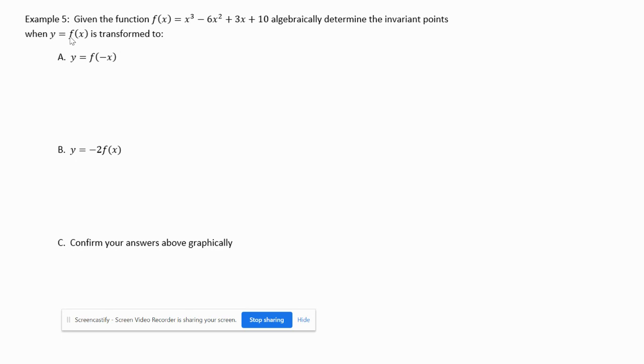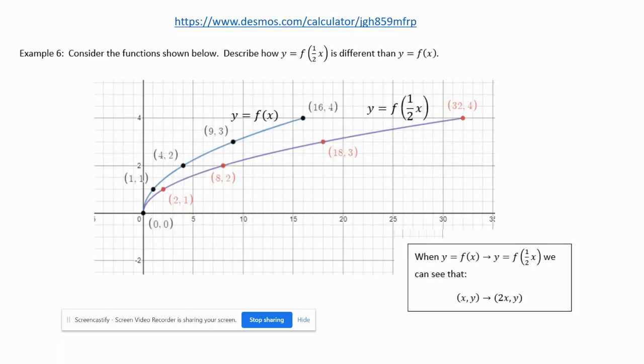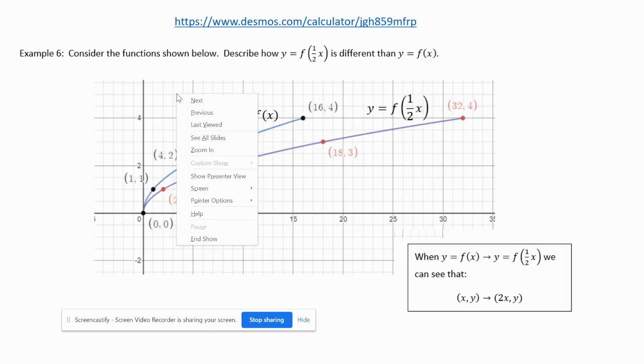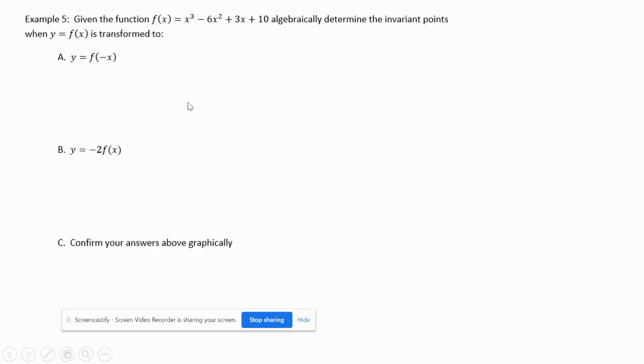Okay, so we did examples similar to this one over here. We have f of x is x cubed minus 6x squared plus 3x plus 10. Determine the invariant point if y equals f of -x. So this is a reflection in the y-axis.